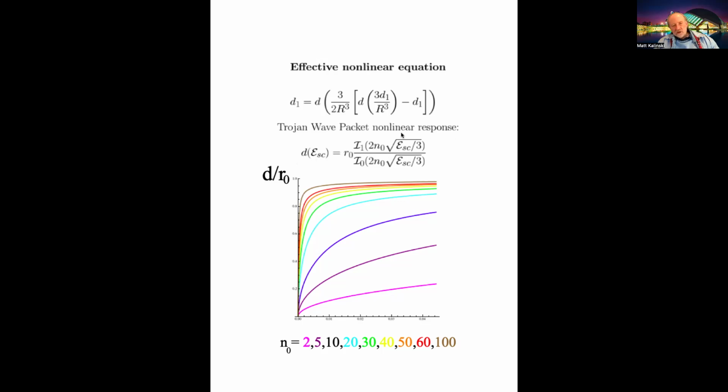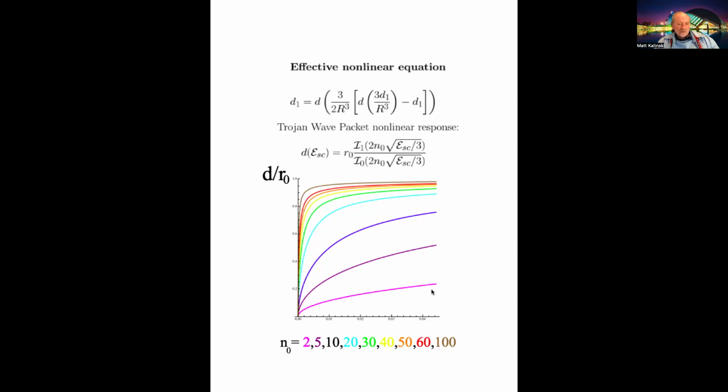You can get the analytical expression for the polarization of the dipole moment with respect to the scaled electric field, and these are the curves when the ratio between dipole moment and the orbital radius is plotted for various quantum numbers.